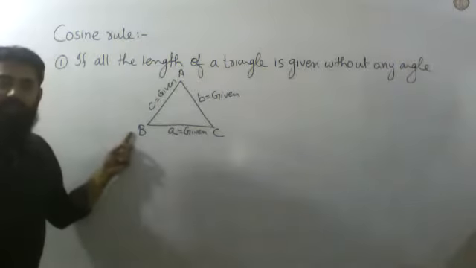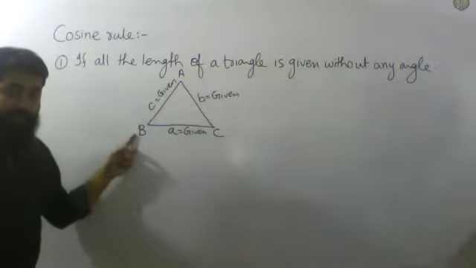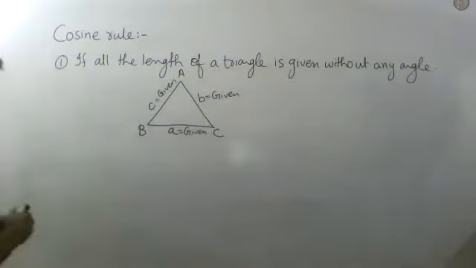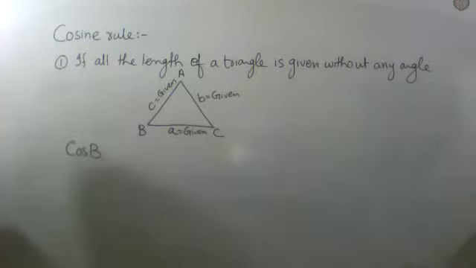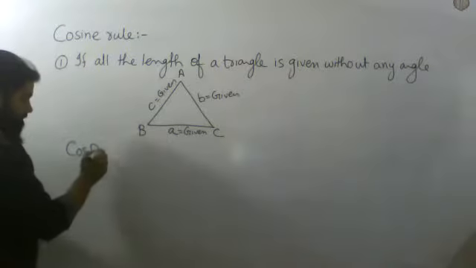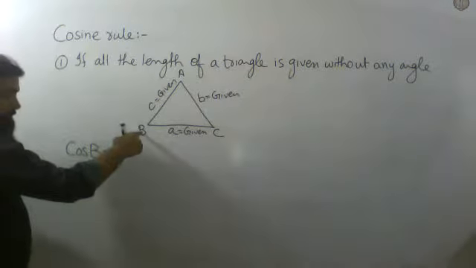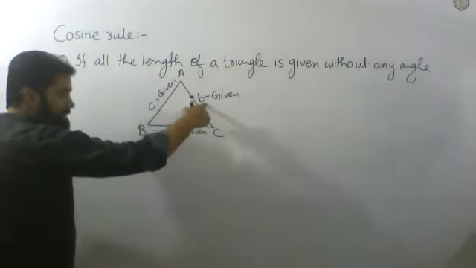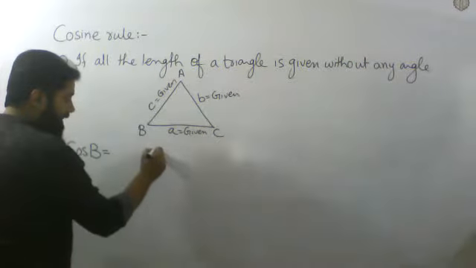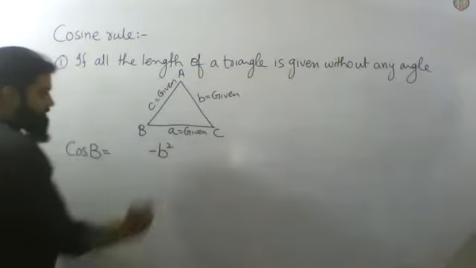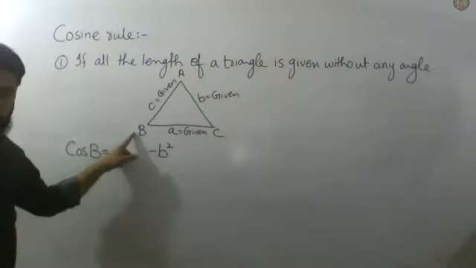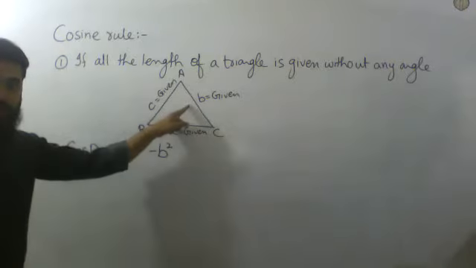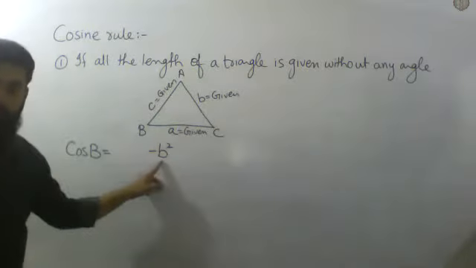Now, for instance, they are asking for angle B. So what will I do? I will write cos of B. Okay? I have written cos of B. Side opposite to B is small b, that will be written in negative square. I have to find angle B. So side opposite to angle B will be written in negative squaring.